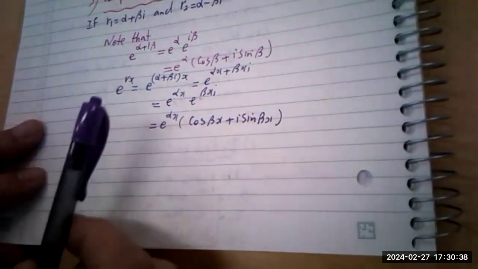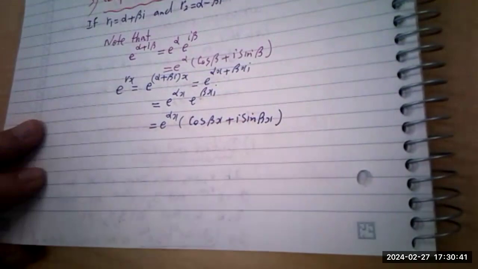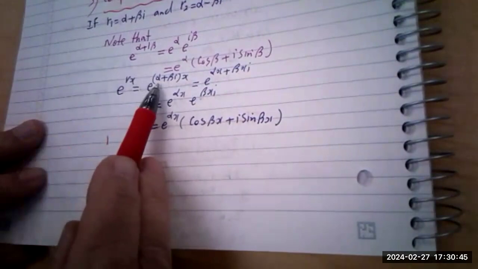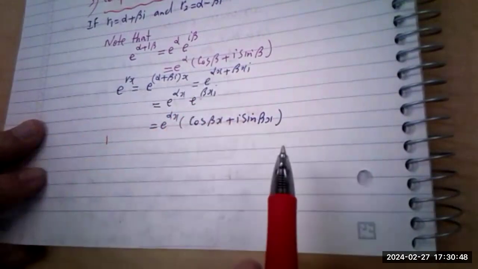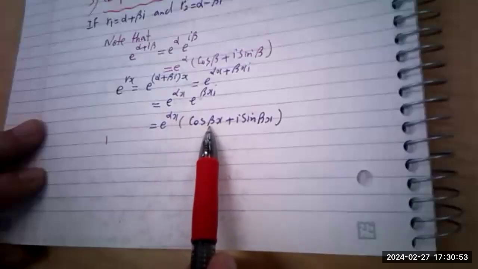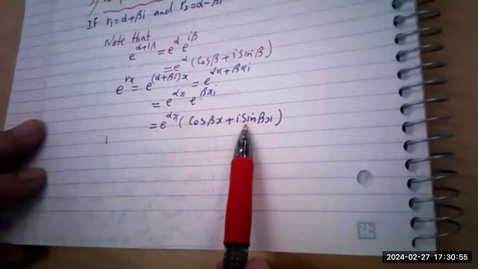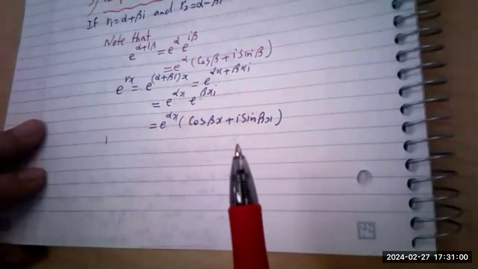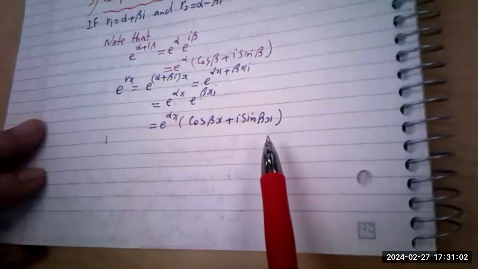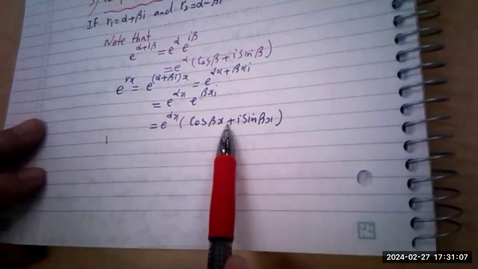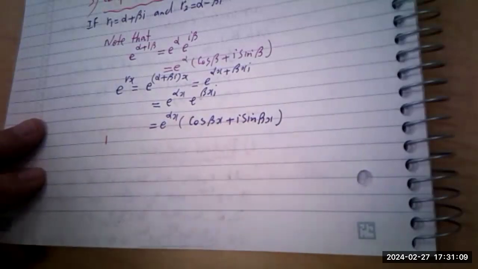Now, because you repeat this twice, for y1 and y2, if you do it for alpha minus beta i, everything would be the same, except this would be negative beta x. You know that the cosine of negative beta and the cosine of beta are the same, but the sine of negative beta would be negative sine of beta. You are going to have a negative outside here, and then you write it as c1 y1 plus c2 y2.